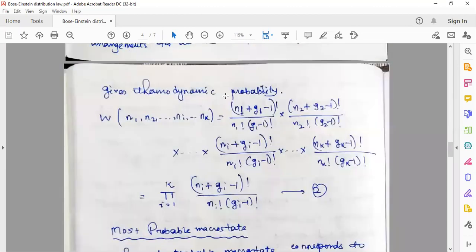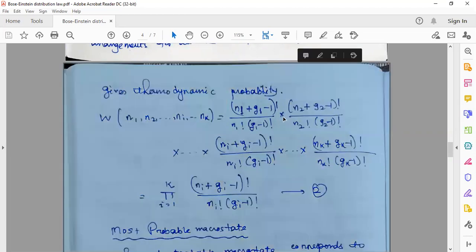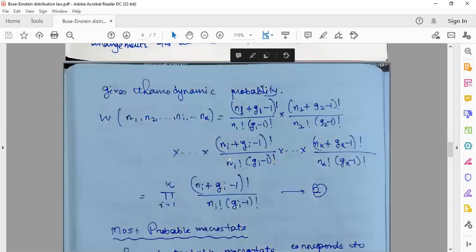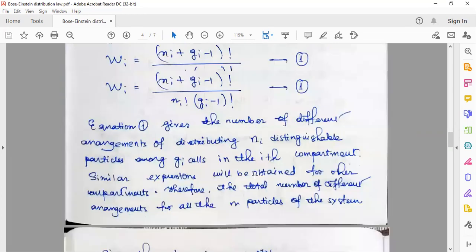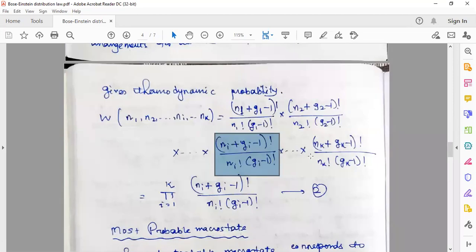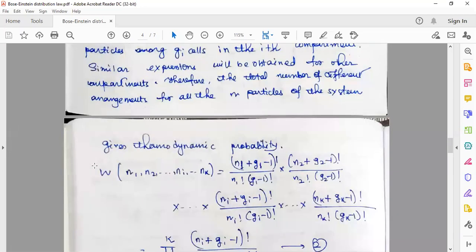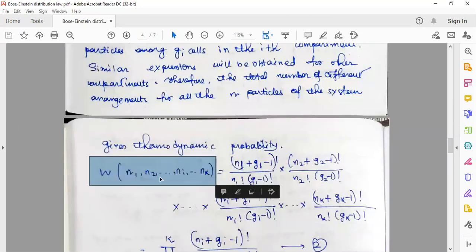For the first compartment, the expression is something like (n1 + g1 - 1)! over n1!, and this is the second one, (n2 + g2 - 1)!. This is the ith compartment, already found in equation 1, and this is the kth compartment, (nk + gk - 1)!. This W expression is called the thermodynamic probability.